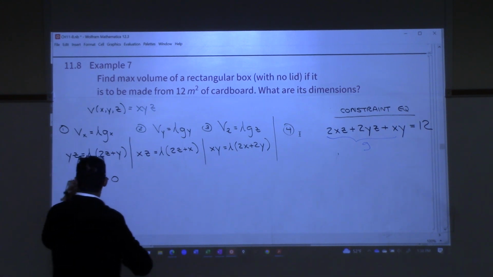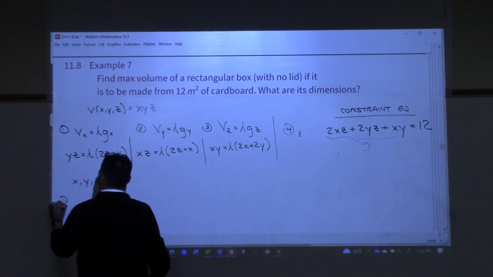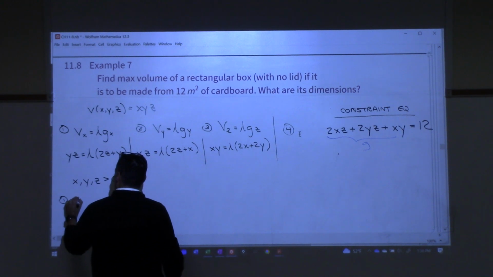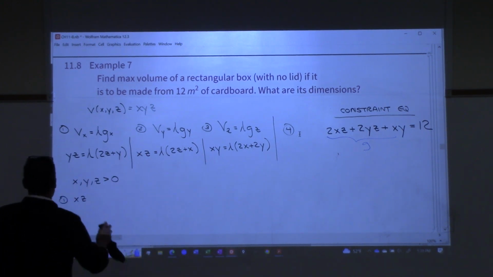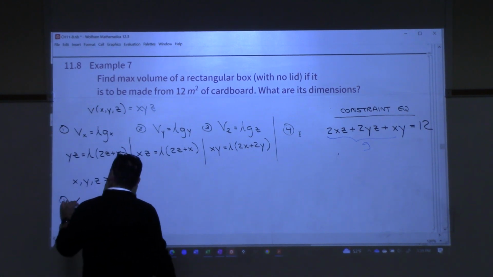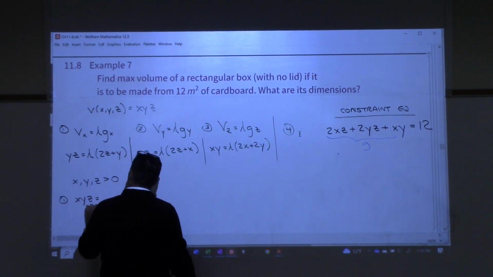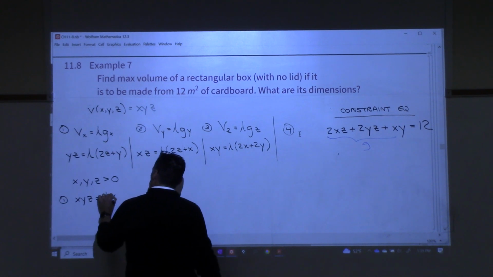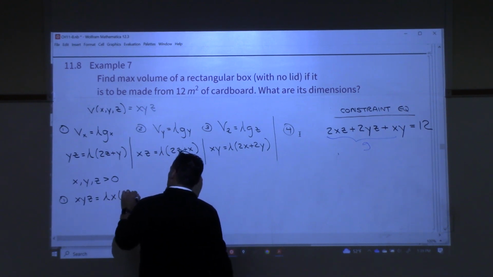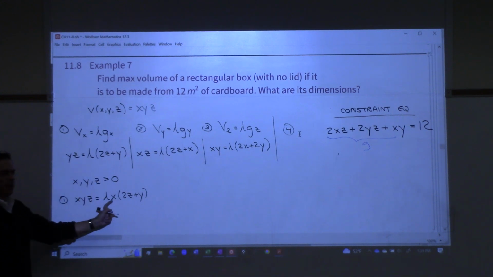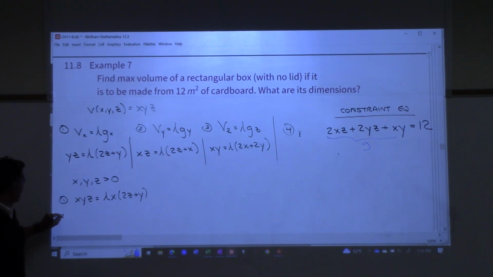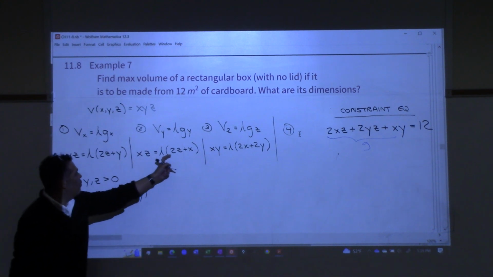Is that all right? So this first one becomes, multiplying both sides by x, xyz equals lambda x times 2z plus y. I'm not going to distribute it through on the right yet. Just multiply that by x, that by x. I just put it next to the lambda. The second equation, I'm going to multiply both sides by y.